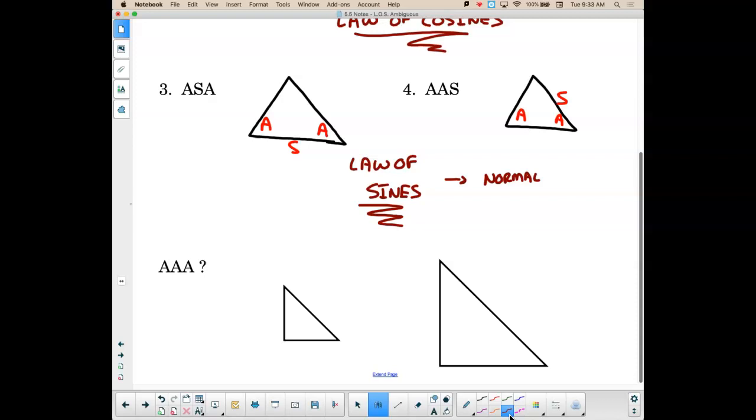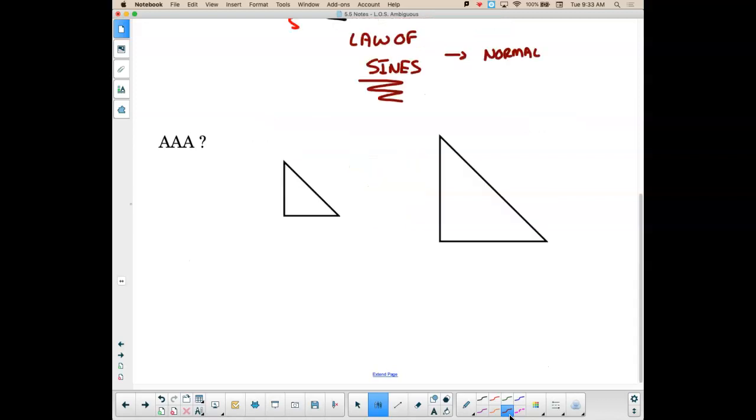What about given the three angles of a triangle? Can we solve that triangle? Let me color code these angles. These two angles are equal, but they're on two different sized triangles. And these two angles would be equal, they're on two different sized triangles.